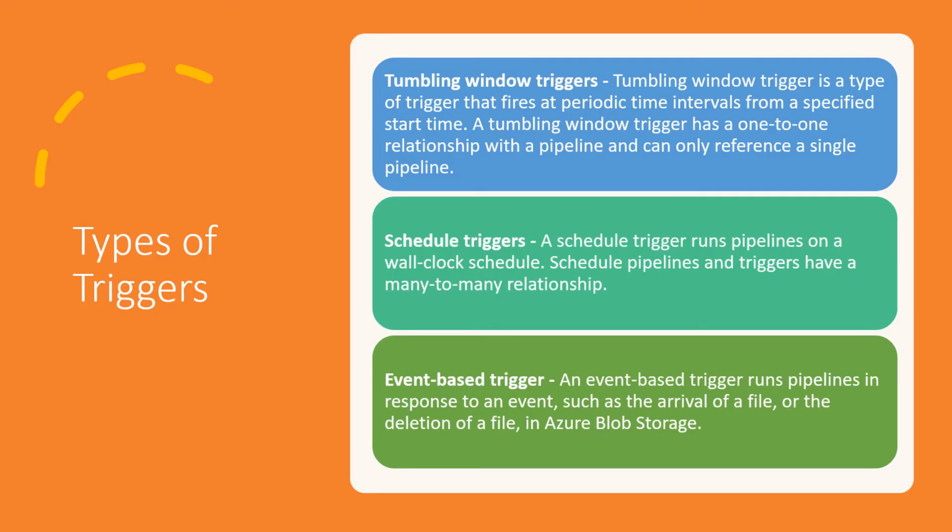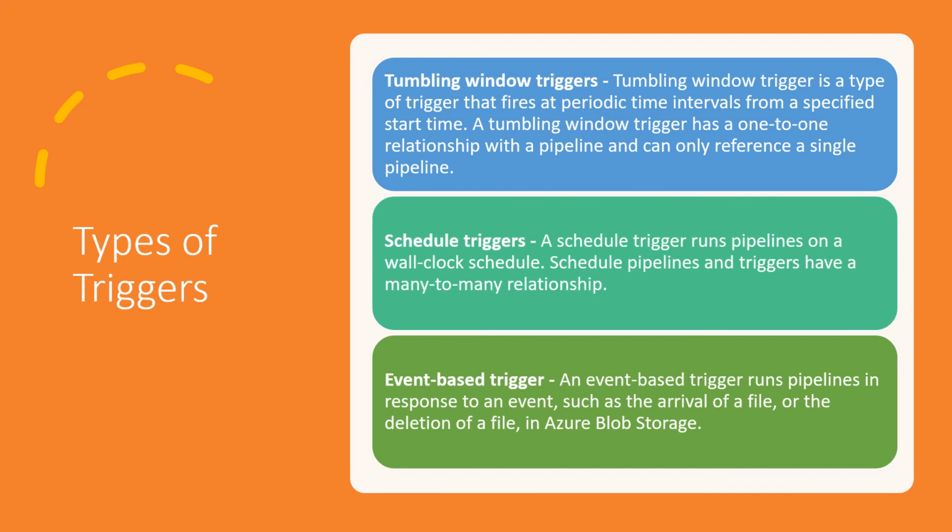There are different types of triggers which you can create on the Azure Data Factory. One is tumbling window trigger, where you set a trigger which fires at periodic time intervals. And in case of tumbling window trigger, there's only a one-to-one relationship with your pipeline. Schedule trigger is a trigger which is set based on your wall clock schedule, and you can have a many-to-many relationship with your pipeline.